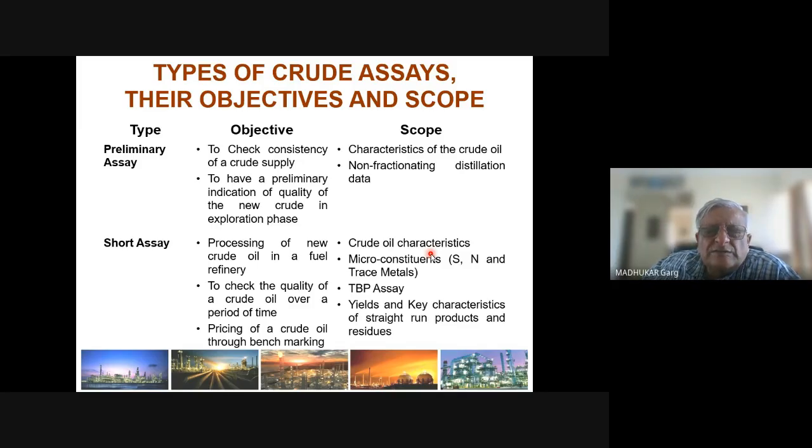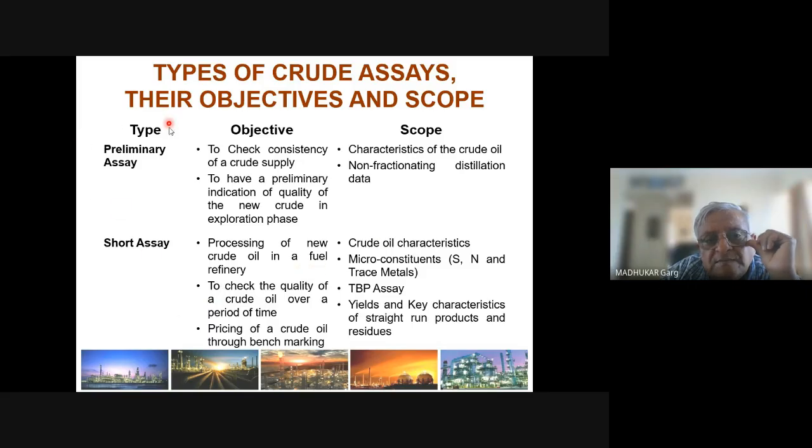We have identified those 5 or 6 parameters which define if there is any change in the crude assay. One of course is sulfur, the other is CCR, and if they are different, then we run a complete crude assay. So what are these three different types of crude assays?